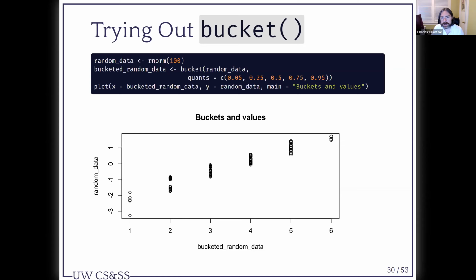What my bucketing has done is it's converted every value below whatever quantile is here. This is the 5th percentile here. It's converted them into bucket 1. So all these low values on the continuous scale are now in bucket 1. The values that are a little bit higher but still essentially below the median are in bucket 2. This is bucket 3, bucket 4, bucket 5, bucket 6.